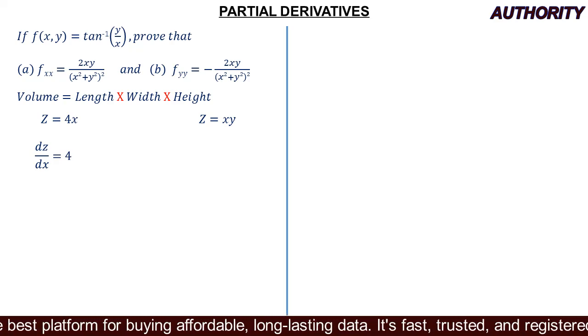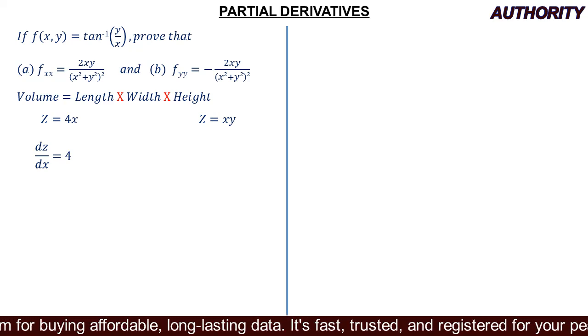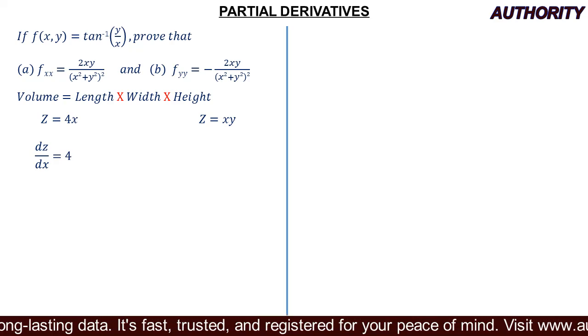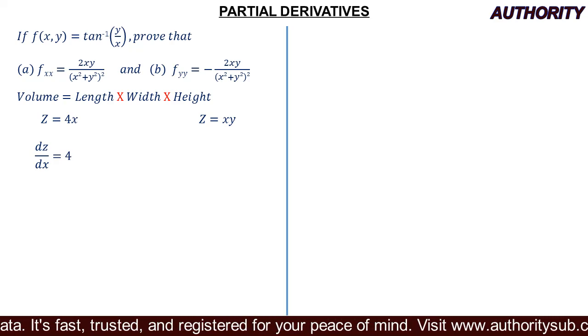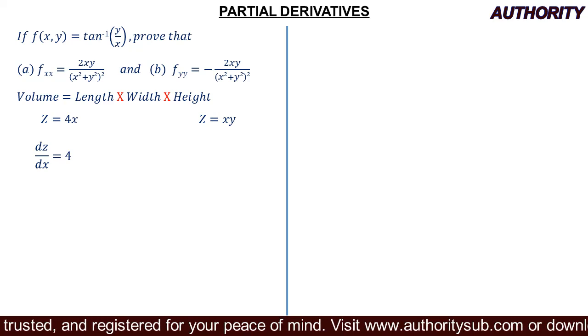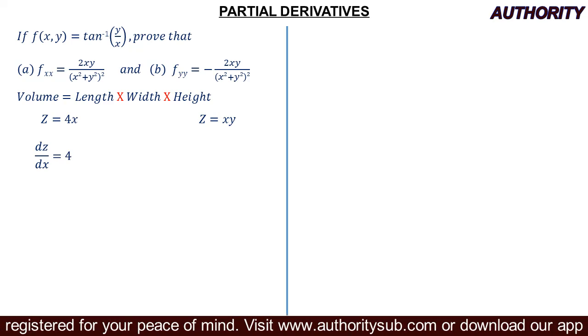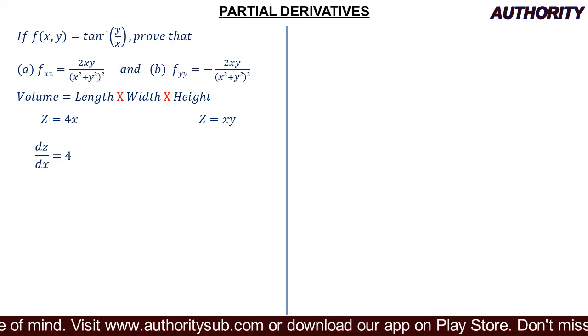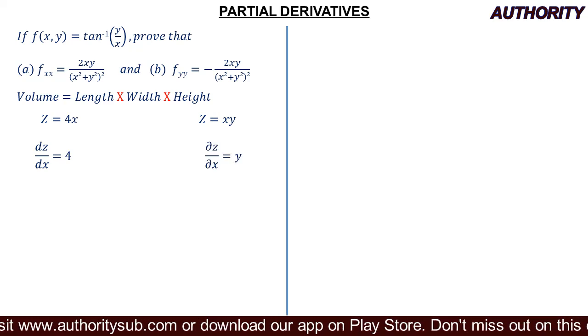It is like a number. It is a constant, right? The way we hold this 4 as a constant is the same way we regard this y as a constant. So when we have z is equal to xy, and we differentiate this z partially with respect to x, we are going to have y.